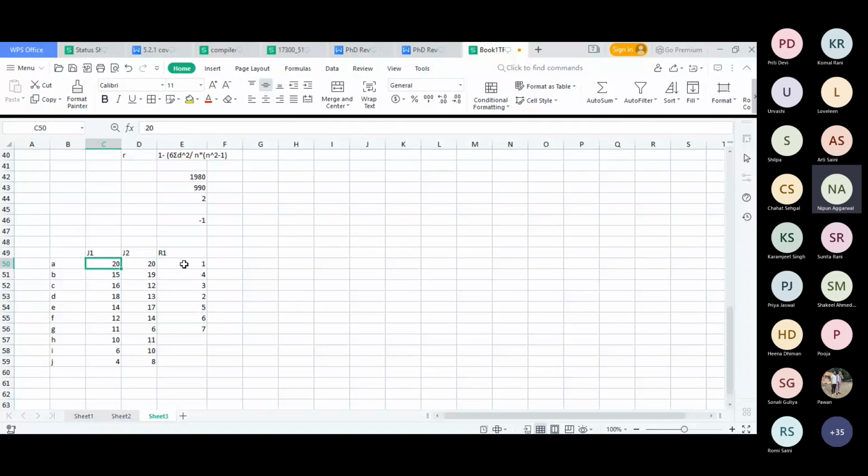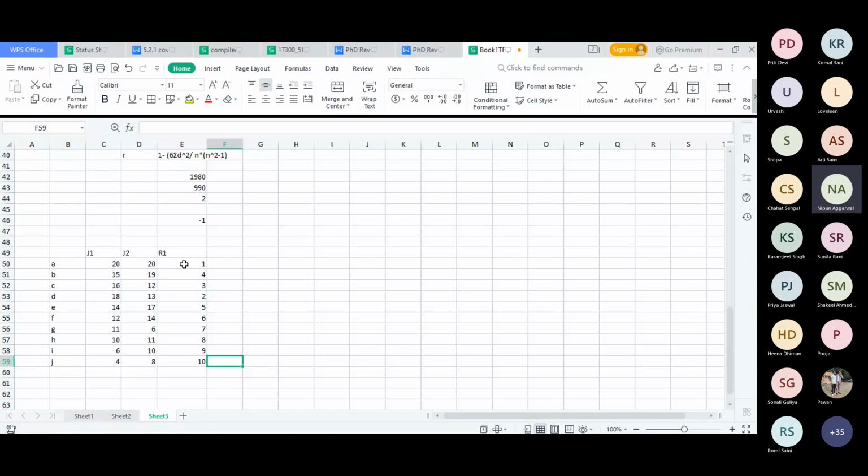Then we have 18. Then we have 16. Then we have 15. Then we have 14. After 14, we have 12. Then 11. Then we have 10. Then we have 6, and this is the least, that is 10.